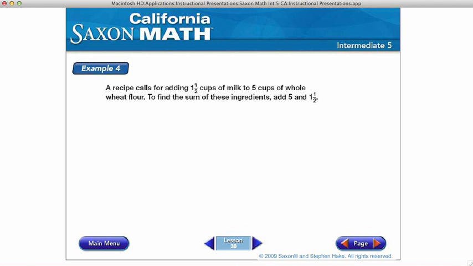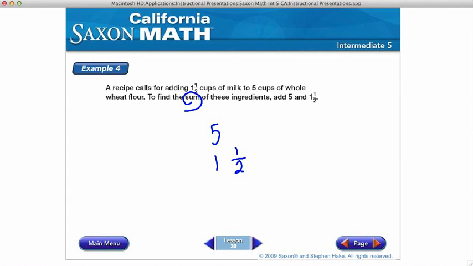A recipe calls for adding 1.5 cups milk to 5 cups of whole wheat flour. To find the sum of these ingredients, add 5 and 1.5. So I'm going to add vertically because I like adding fractions vertically better. So I have 5, and then I have 1.5.